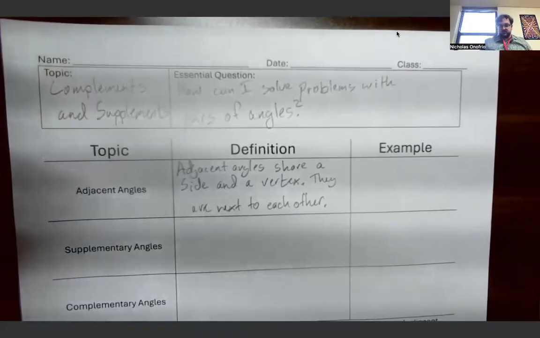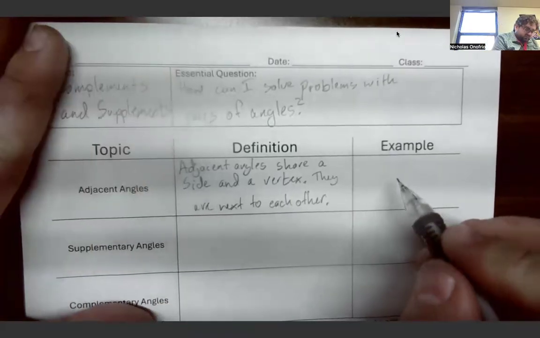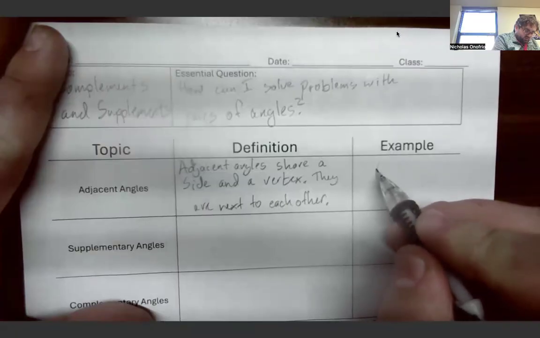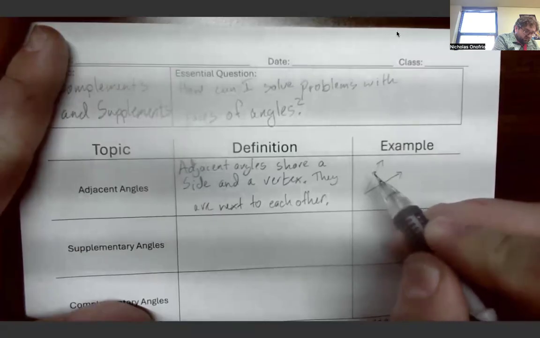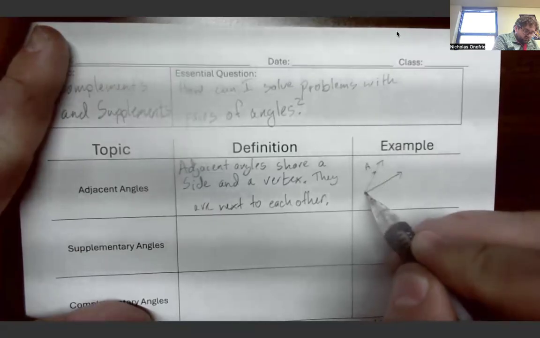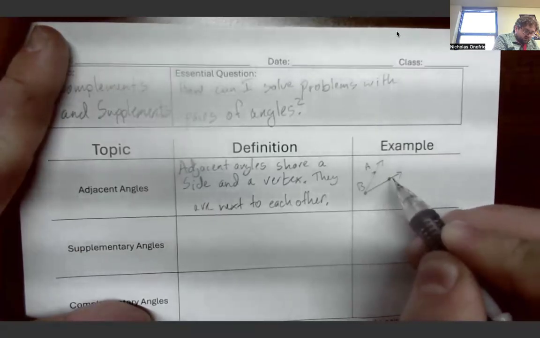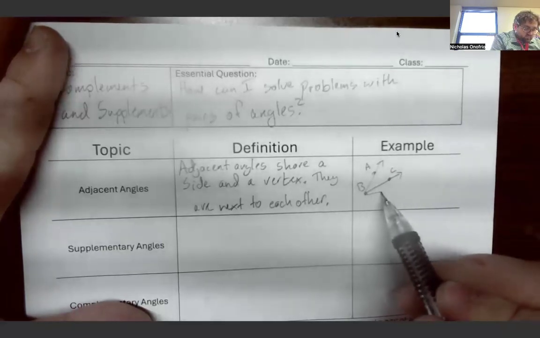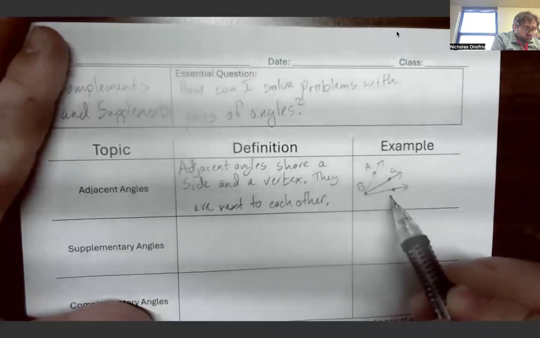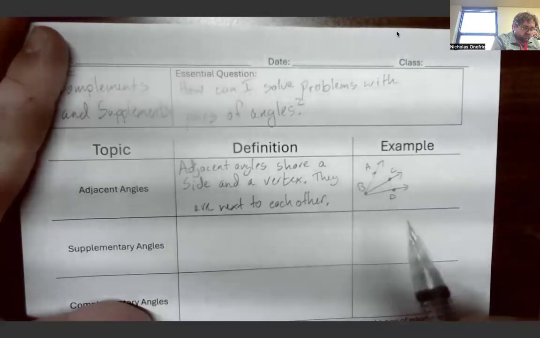So let's go over to our example box and draw an example. Let's say we've got our first angle. We'll call it ABC. And then our second angle, we'll call it DBC.